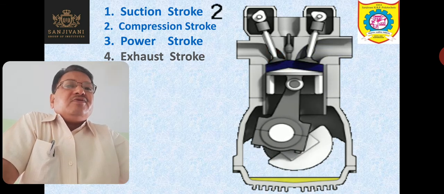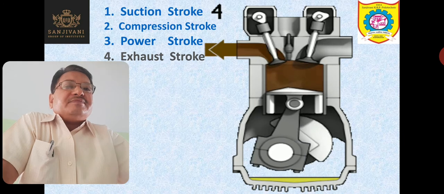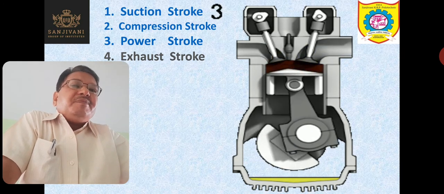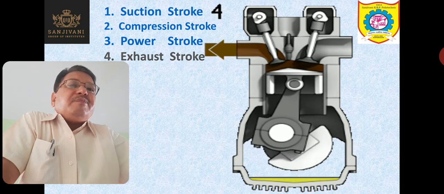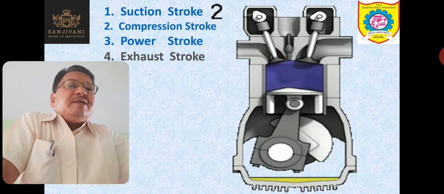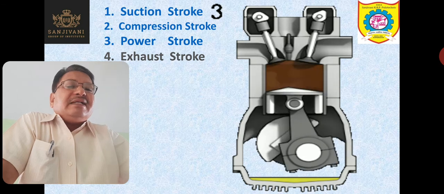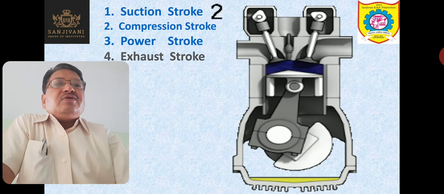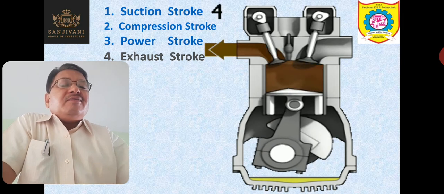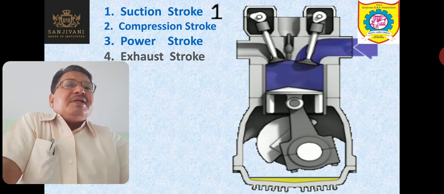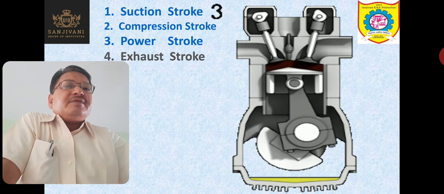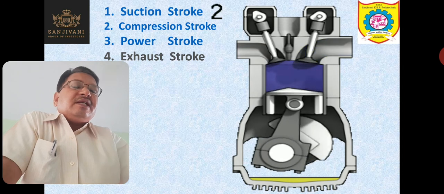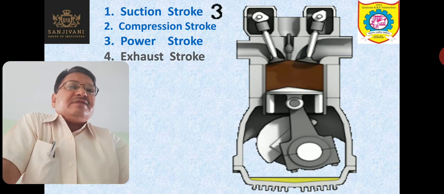During the compression stroke, the piston is moving in the upward direction, right? At the end of the motion of the piston in the upward direction, the spark is produced. That means when the piston is almost at the top dead center, the spark is produced, right? Due to the production of the spark, the combustion of the fuel takes place. The fresh charge is first compressed, so the temperature and the pressure increase, right?